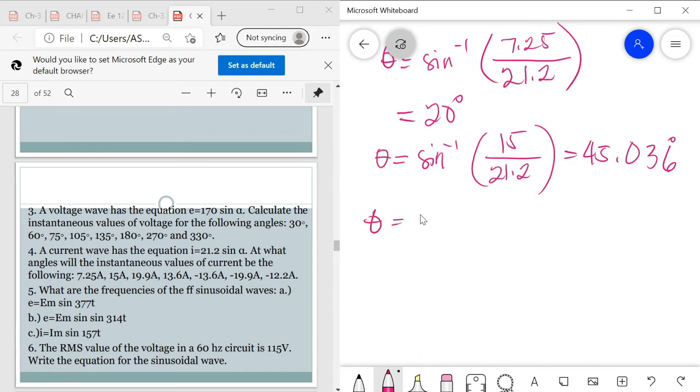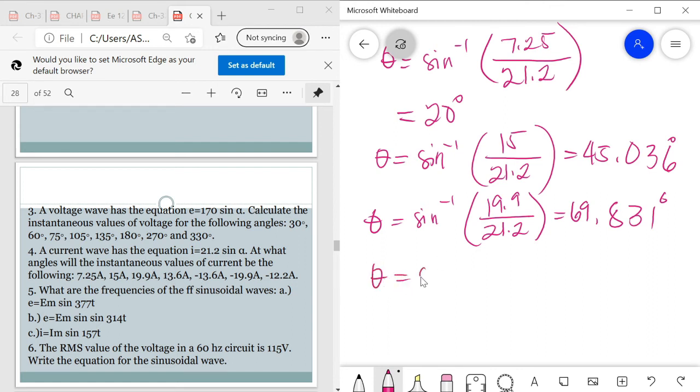19.9 divided by 21.2 is 69.831 degrees. Next, let's go to 13.6. So 13.6 divided by 21.2 is 39.904 degrees.